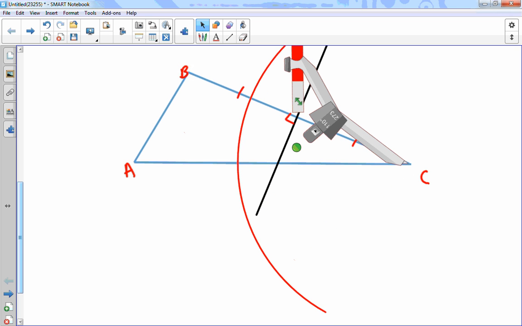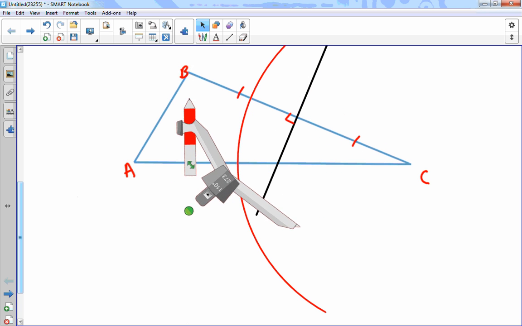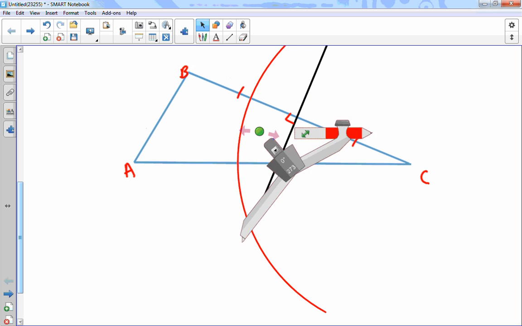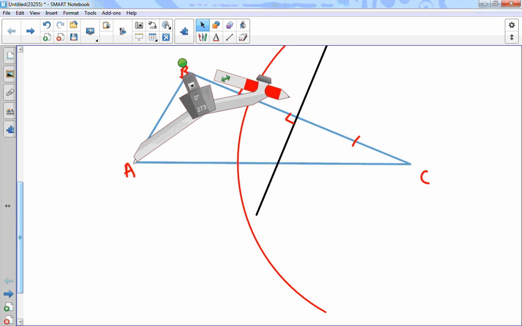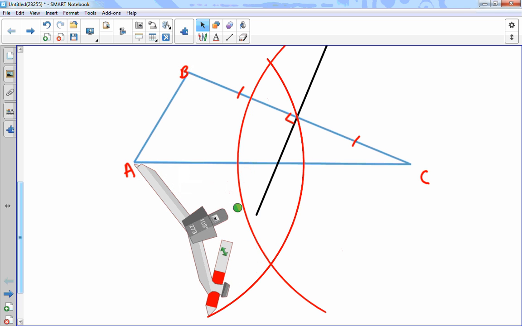Keeping the compass width the same, carefully pick it up and move it over to vertex A, and draw another arc so that it intersects that first arc twice. I'm doing AC right now.